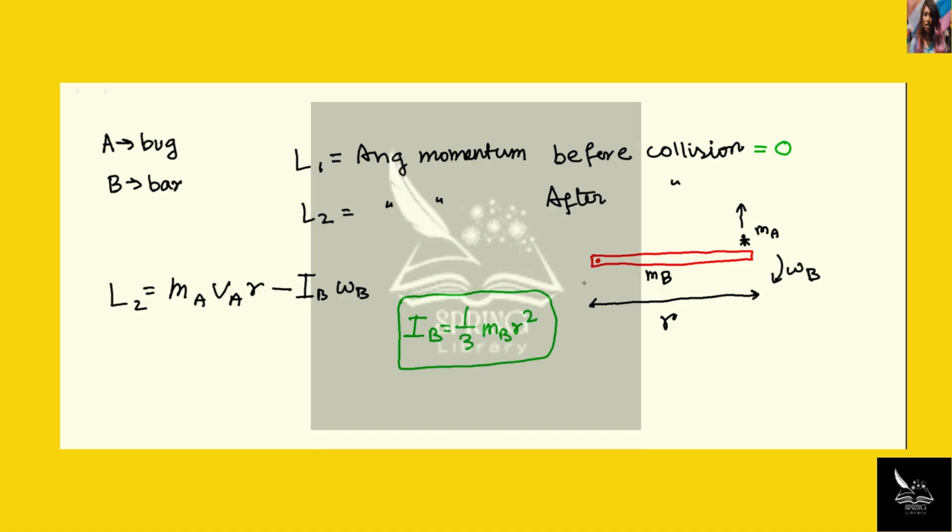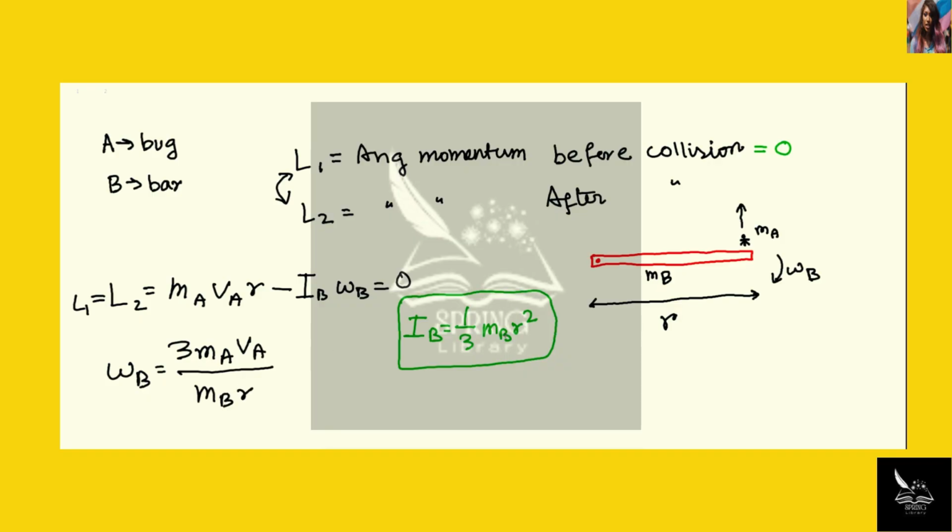Now we see that since the bar is pivoted at one end, ib will be 1/3 mb r squared. So from here, we'll equate these two things, before collision and after collision. And since this part is zero, this whole thing should be equal to L1, which is equal to zero. So from there, we get omega b equals 3 ma va divided by mb r.